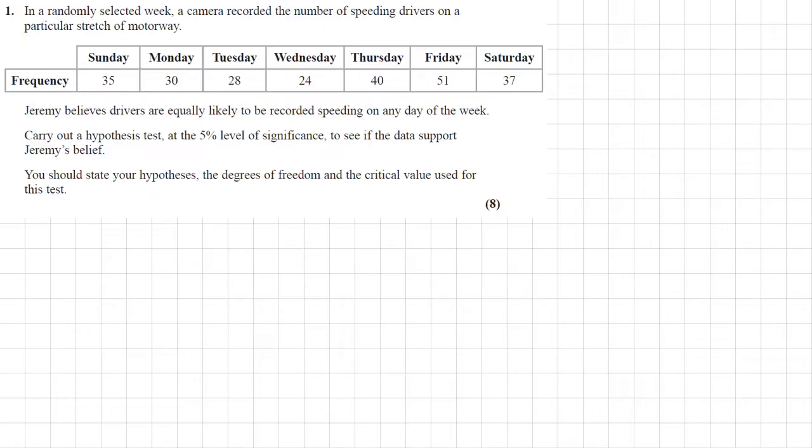So we need to start with H0 and H1, and the key to working out what we're going to write for H0 and H1 is what Jeremy believes, that they're equally likely to be recorded speeding on any day of the week. In a moment, when we work out the expected frequencies using the fact that this is a uniform discrete distribution, H0 is going to be that it fits that distribution.